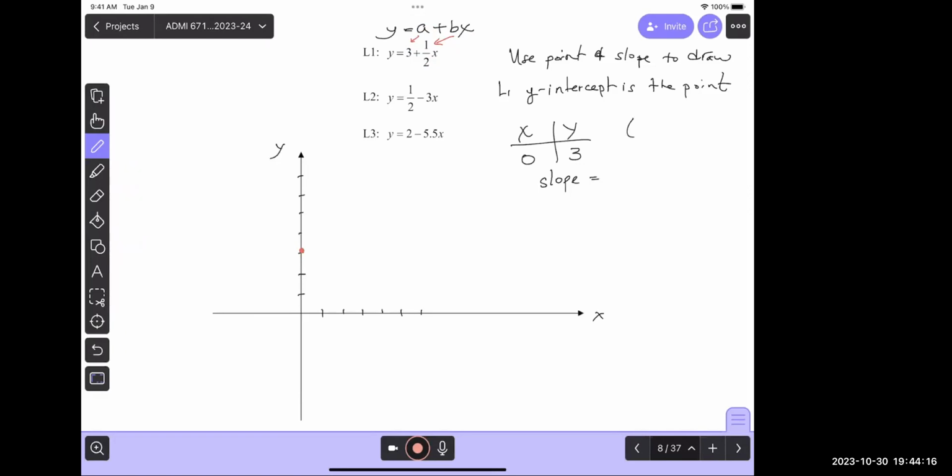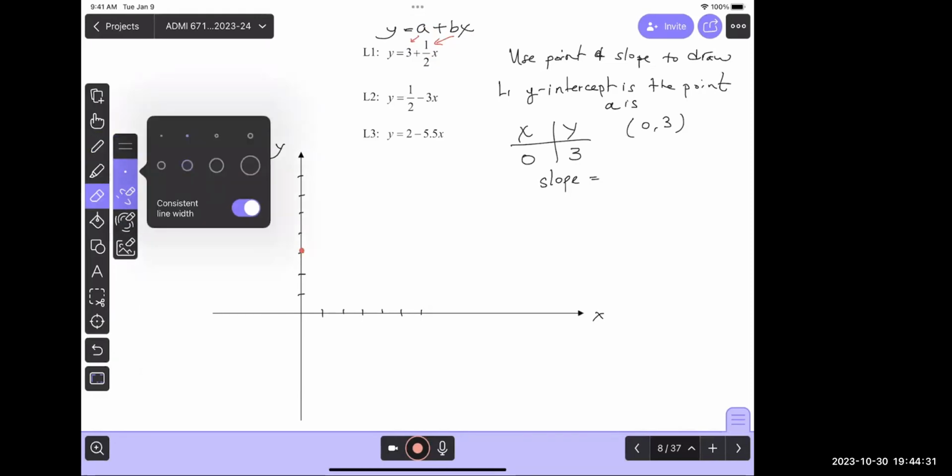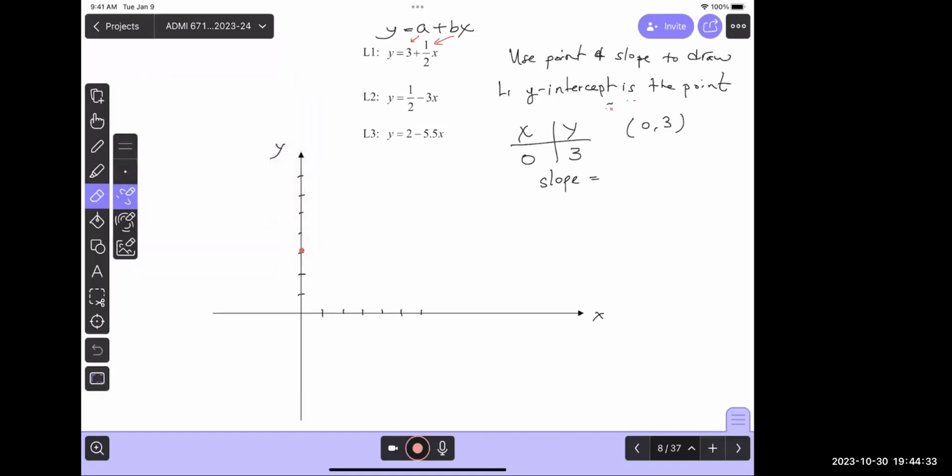So the point, it's not point A. Let's not say that. Okay, and the slope is going to be B, which is change in y over change in x, which is 1/2.